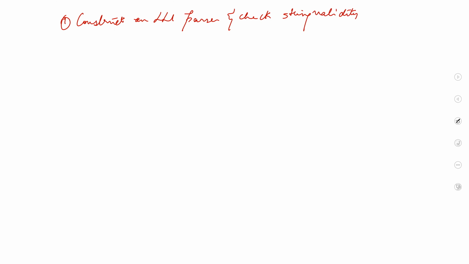The grammar you have is S goes to S in brackets or epsilon. This is the production rule you have, and you have to check whether this particular string is valid or not by constructing an LL1 parser.